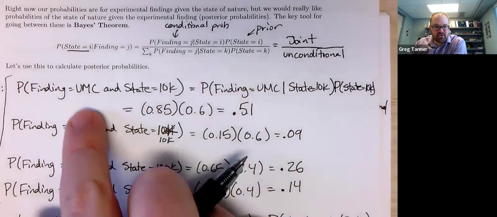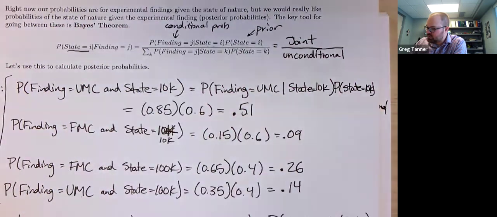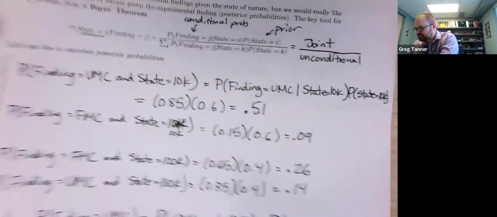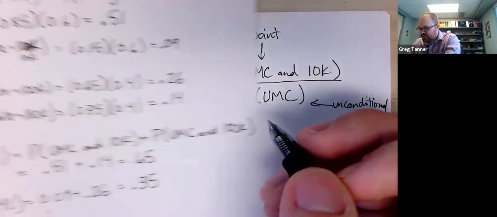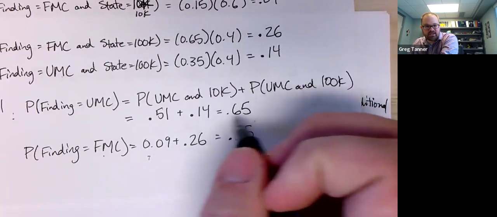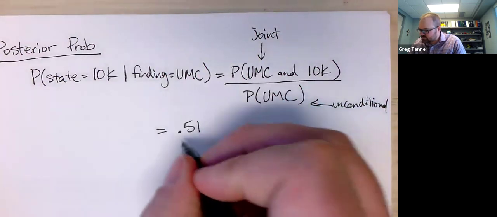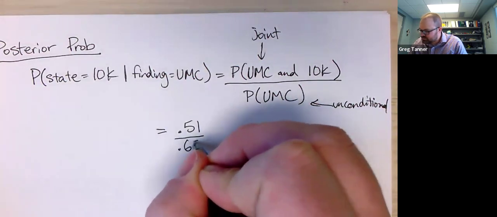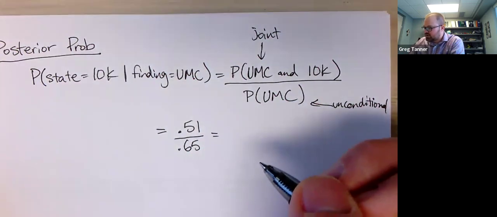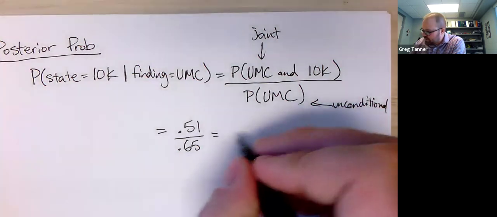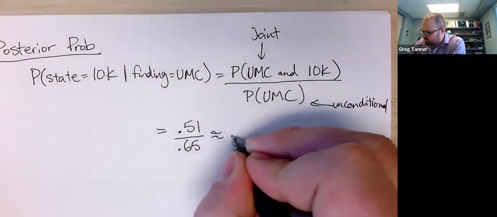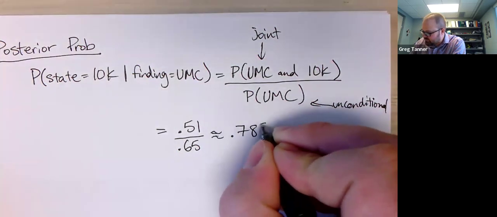In this case, that's going to be this joint probability of UMC and 10K, which we computed to be 0.51, divided by the probability of UMC, and that's this one, which is 0.65. That should give us, I'll say about 0.785.